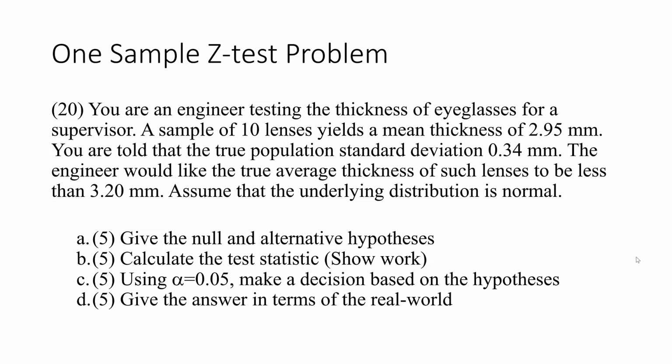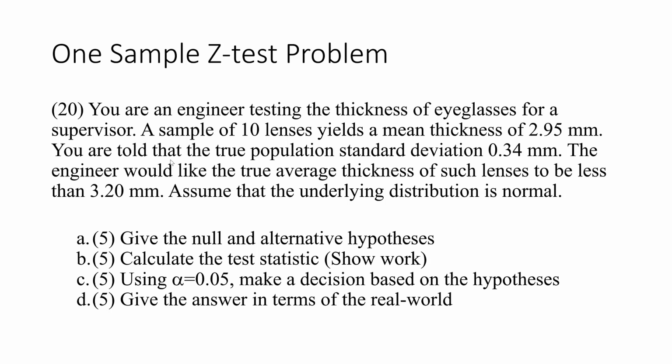So let me tell you a couple of things here which lead us to a Z-test. In order to do a Z-test on this situation, it of course needs to be some sort of test about a single mean. We need to know that the distribution is normal, and we need to know what the population standard deviation is. We meet these criteria because it says right in the problem that the true population standard deviation is 0.34, and we are going to assume that the underlying distribution is normal.